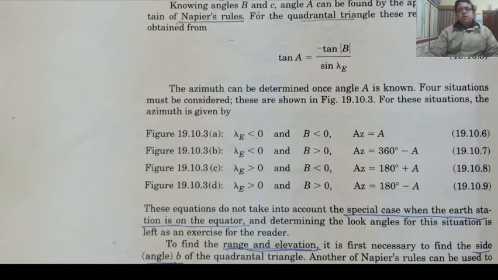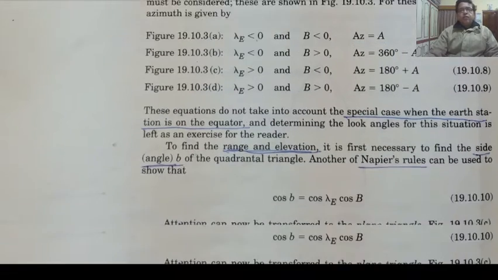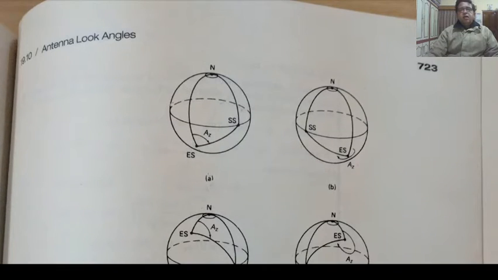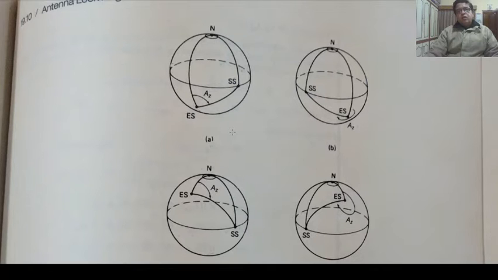For these situations, azimuth is given by figure A. In figure A, lambda E is negative, B is negative, and Az equals A. This is figure A, where your Earth station and subsatellite point and north are the situations given here.